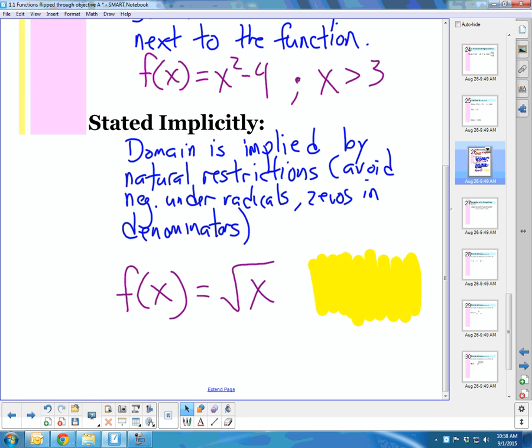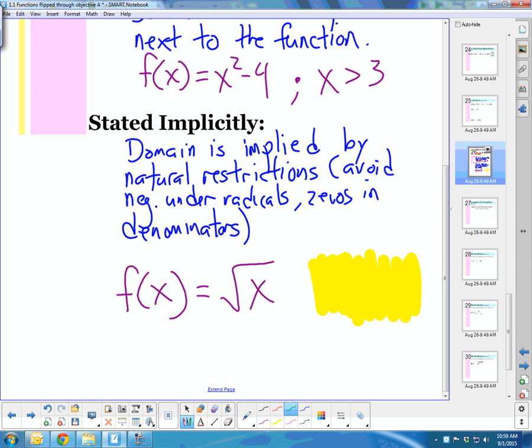But we just naturally understand that the value of x cannot be negative, because you can't take the square root of a negative. So we can only take the square roots of positive numbers and the square root of 0. It doesn't need to be stated, because that's just kind of a rule of algebra.